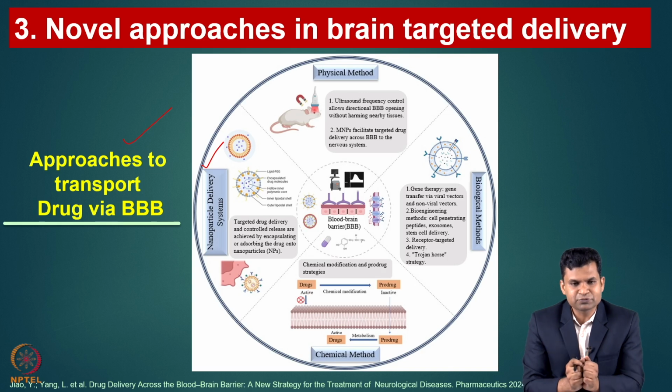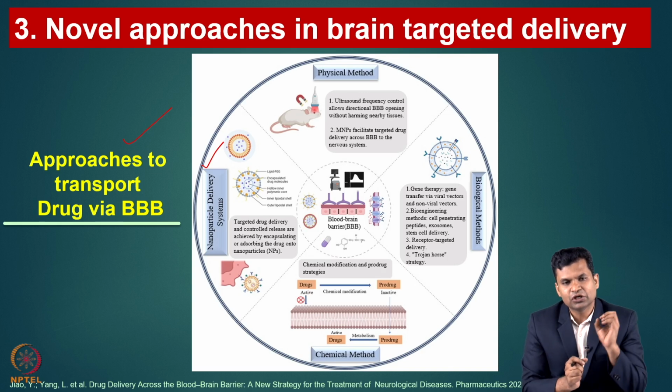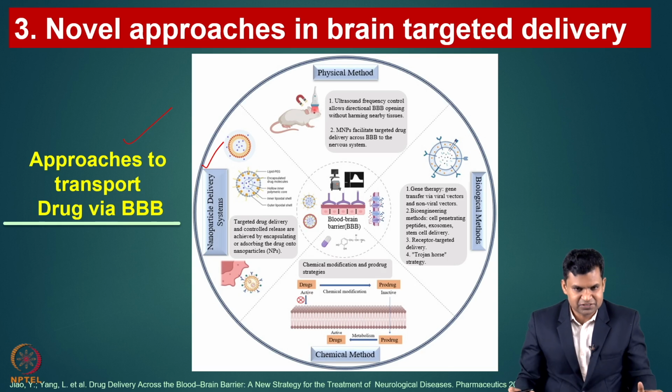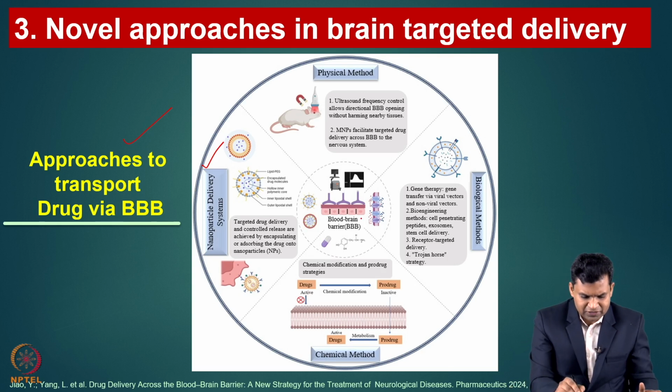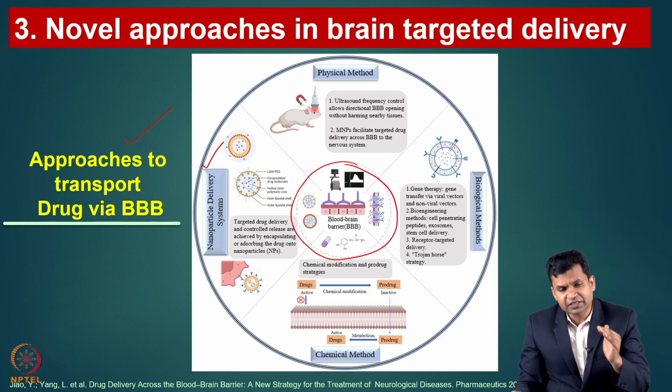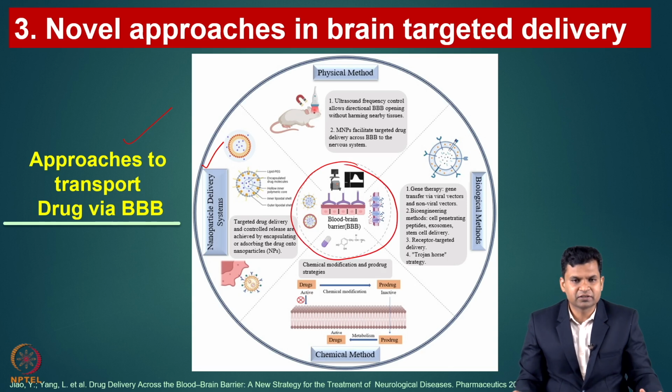We can deliver them by different routes: nose to brain delivery, parenteral routes, and also directly into the brain by various strategies. With that, we can avoid the limitations that come in brain delivery, and bypass or cross the blood brain barrier compared with conventional systems.